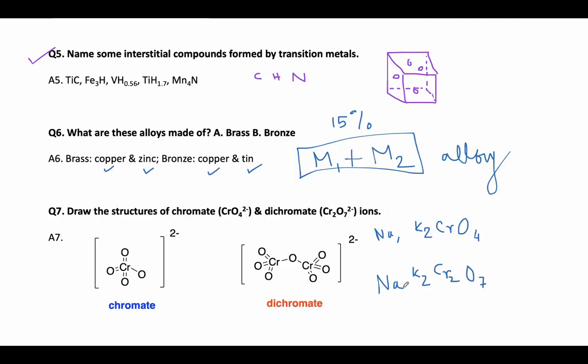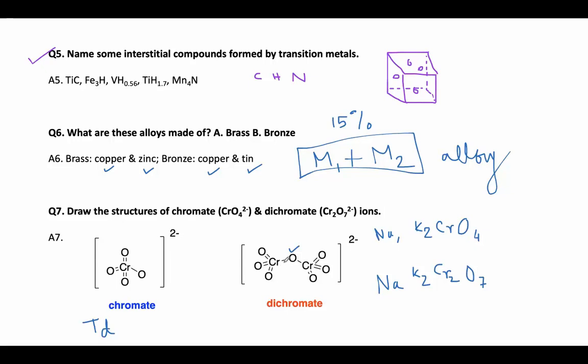In the case of chromate, the structure is tetrahedral. In the case of dichromate, the structure has tetrahedral units too, but the two units are held together by the aid of this oxide anion.